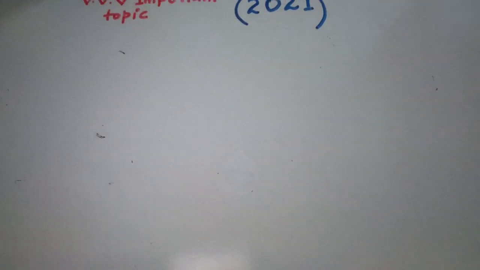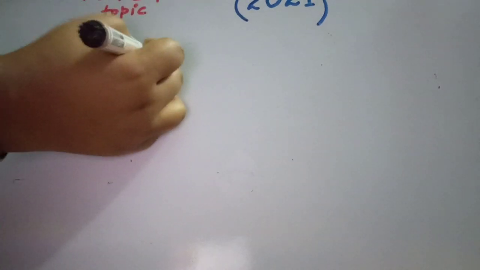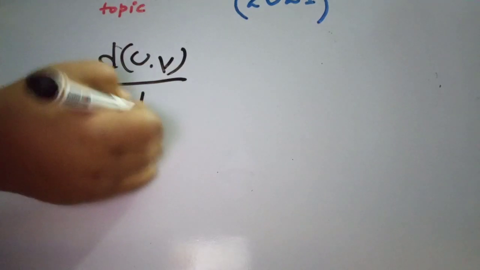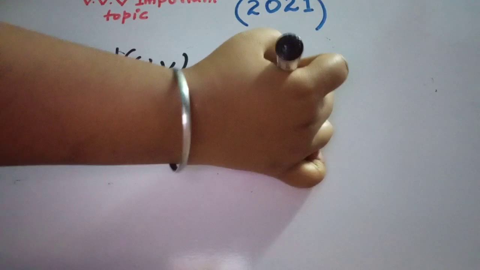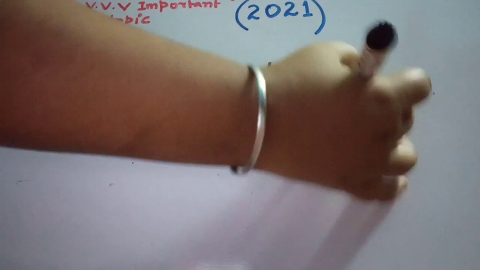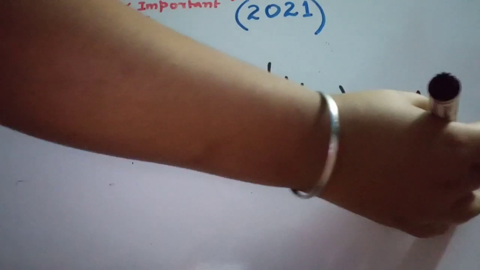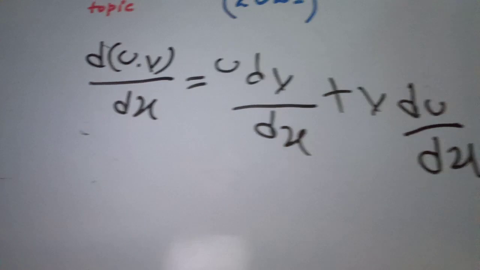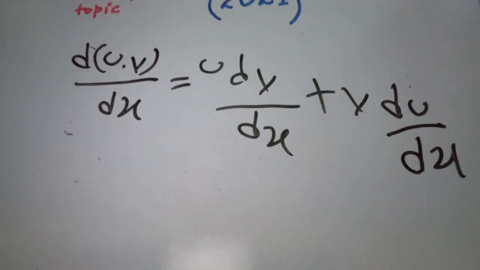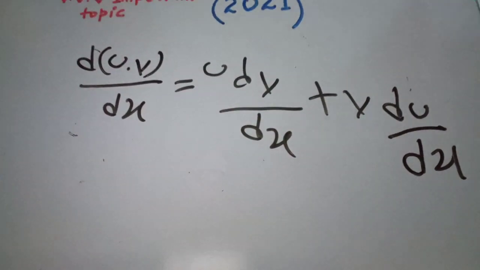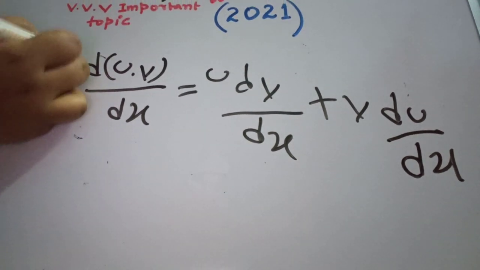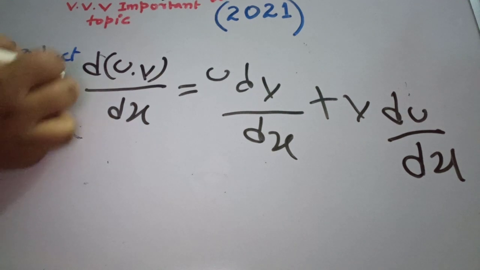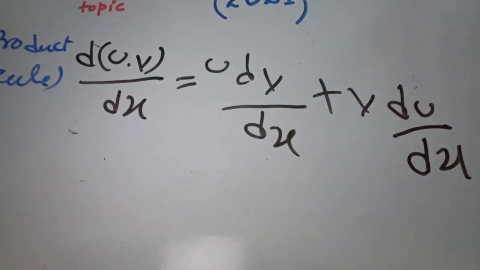Come to the last but not the least, d by dx of uv. What is the formula? The formula is u dv by dx plus v du by dx. This formula is known as the product rule. Understood?